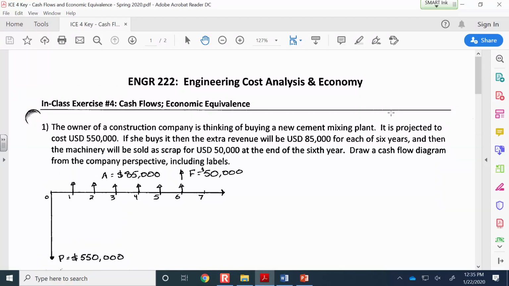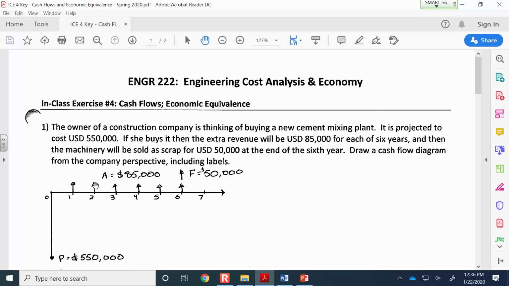Okay, on the first problem, there are a couple of ways that you can correctly express what it's saying in the problem statement. So you would have to pay $550 now, so the arrow is down, meaning it's an outflow, and then you get an extra $85,000 a year for each of 6 years.